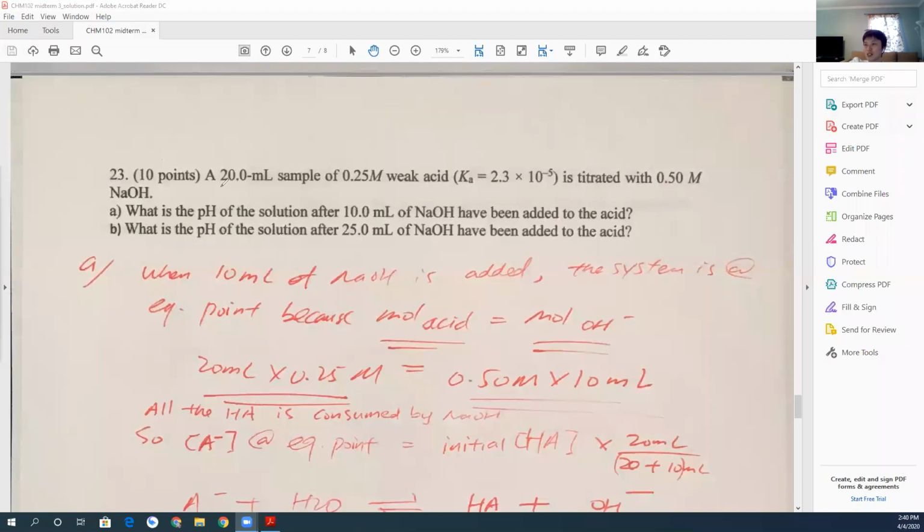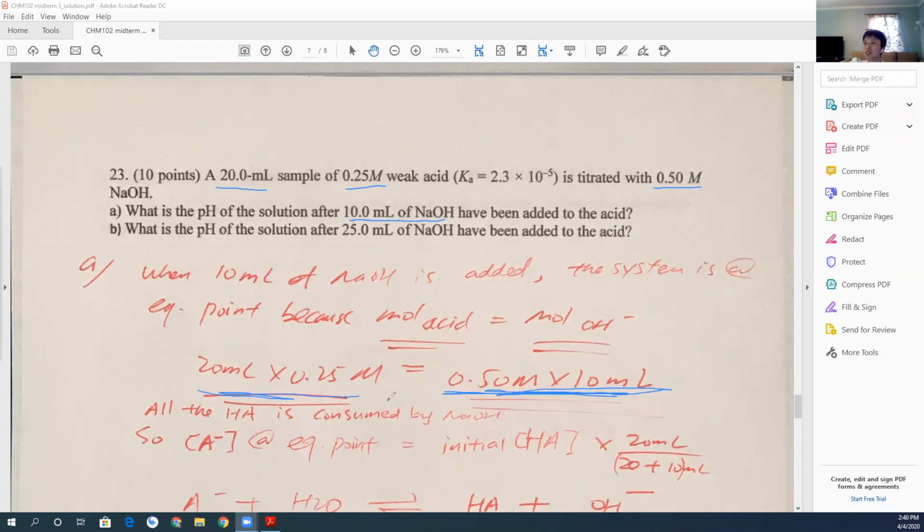In this case, you have the volume and molarity of the weak acid, so you know the total number of moles. For the 10 mL of sodium hydroxide added, the number of moles of the weak acid is equal to the number of moles of hydroxide added.